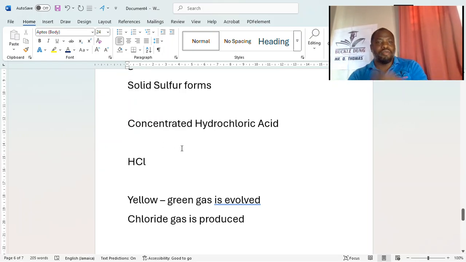So for this reducing agent, again, if we're supposed to assign, we know this would have been a +1. This is a -1. And of course, what happens when it comes in contact with an oxidizing agent? This chlorine would have accepted an electron from the hydrogen.